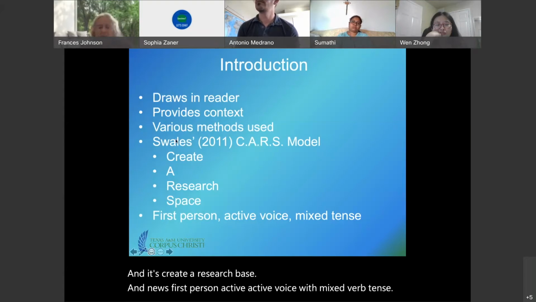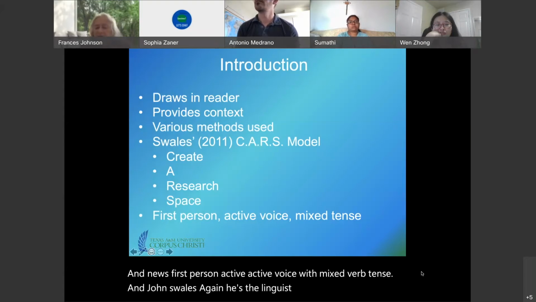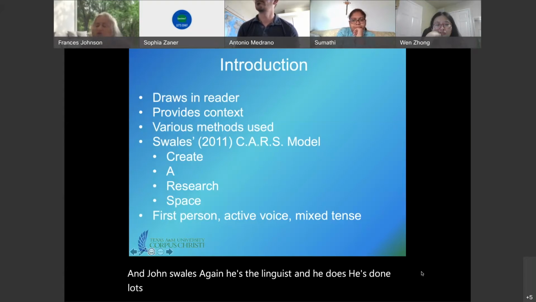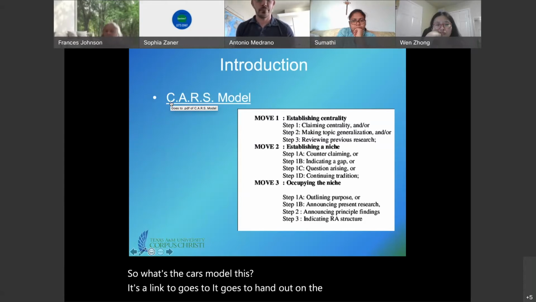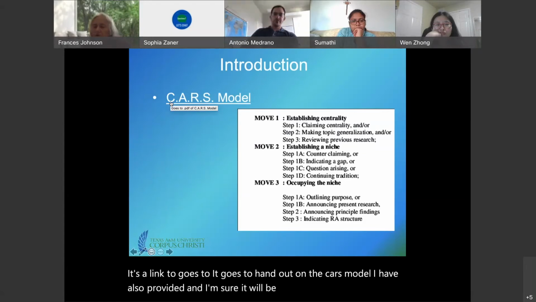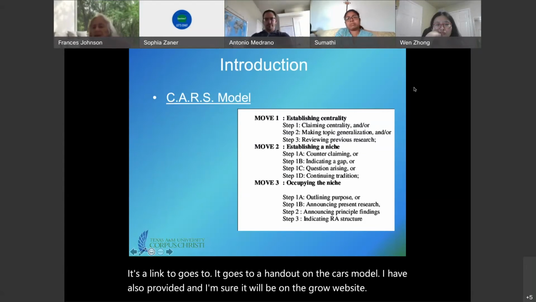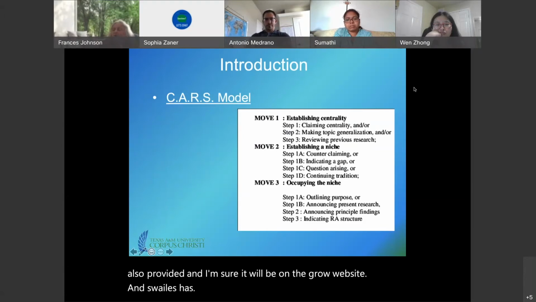And John Swales, again, he's the linguist, and he's done lots and lots of research in scientific writing. So what's the CARS model? This is a link it goes to a handout on the CARS model. I have also provided that, and I'm sure it will be on the GROW website. And Swales, he researched tens of thousands of primary source articles.